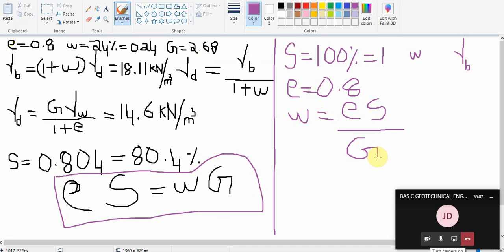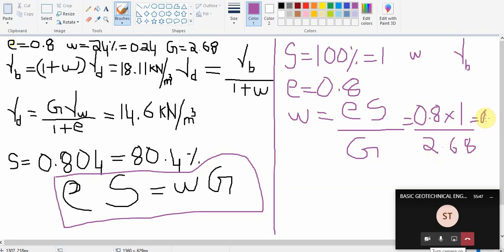So what is the value of W? 0.298. So water content is 0.298.